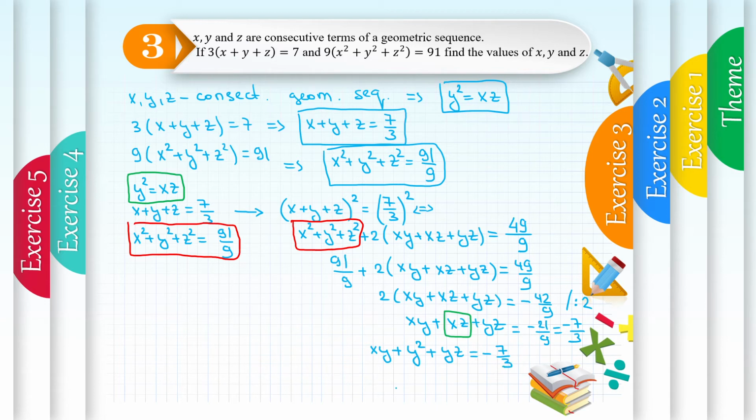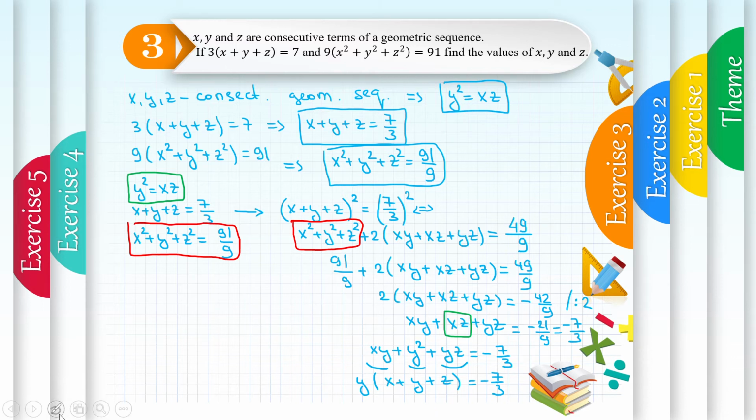Next, we can take the common factor y from the left side of our equation, and we will factorize it in the form y times (x plus y plus z) is equal to minus 7 over 3.